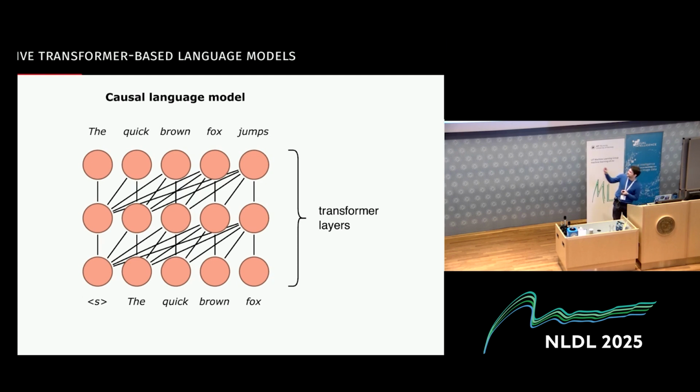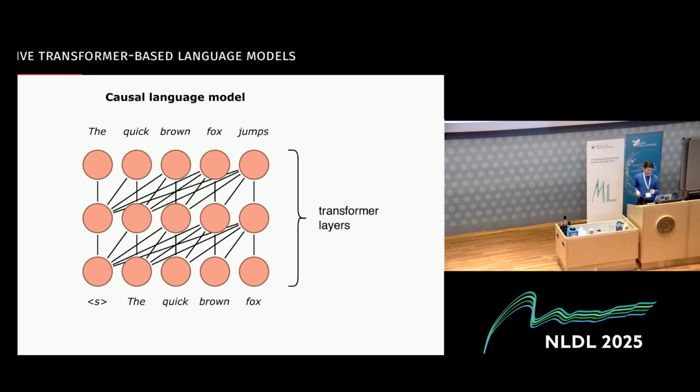This symbol gets input into the transformer, goes through the layers, outputs some hidden vector for each layer, and at the end, it should output "the" as the next word. Similarly, we then input the beginning of sequence symbol and "the" into the model, and it should predict the next word, which is "quick", and so on. The important thing in this figure are all of these lines that show you what other words each word has access to.